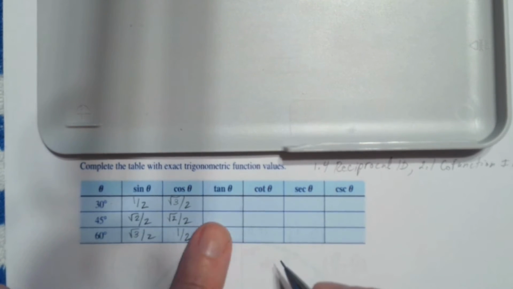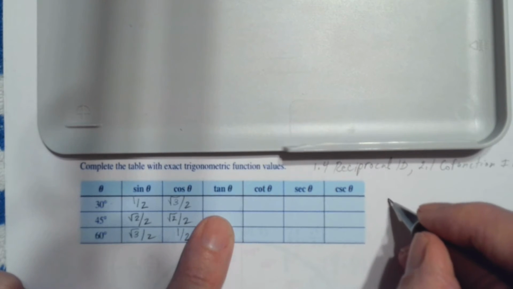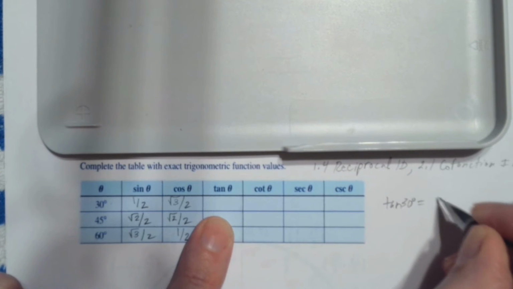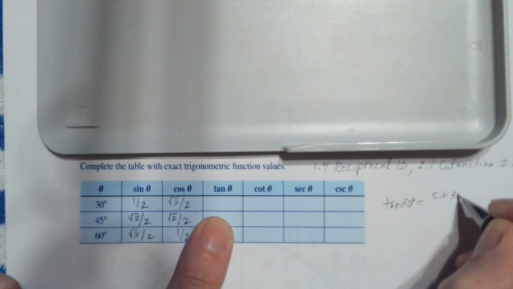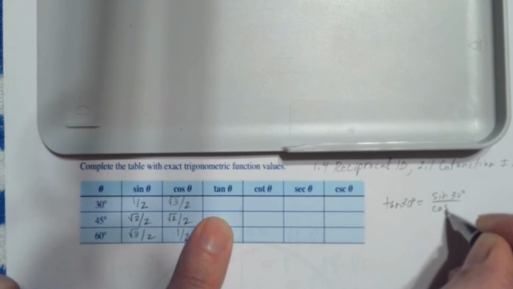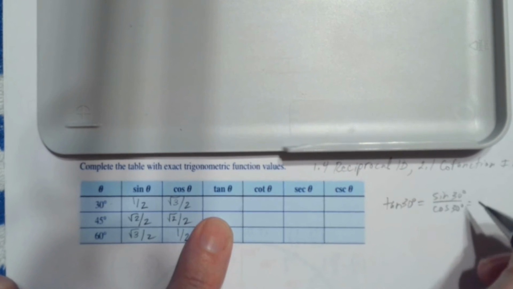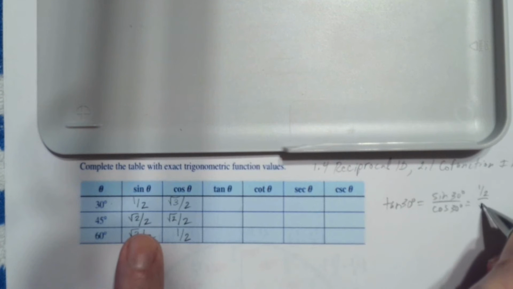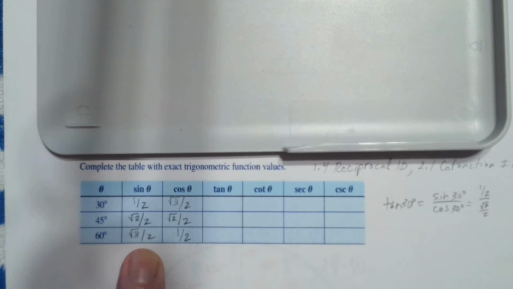Let's move on to tangent. We know that the tangent of 30 degrees will equal the sine over the cosine of 30 degrees. In this case, that's 1/2 over the square root of 3 over 2.